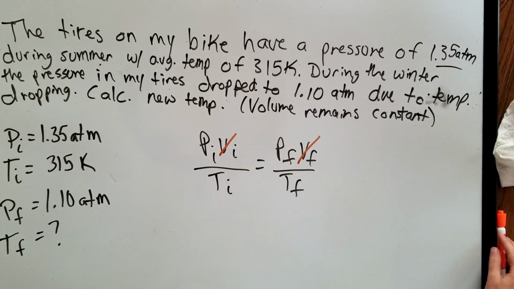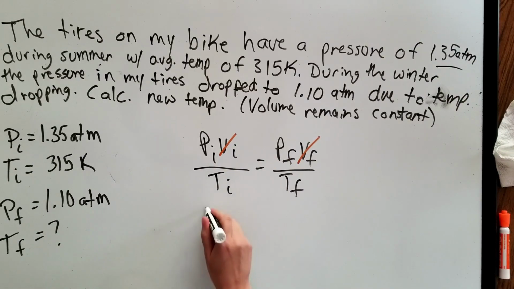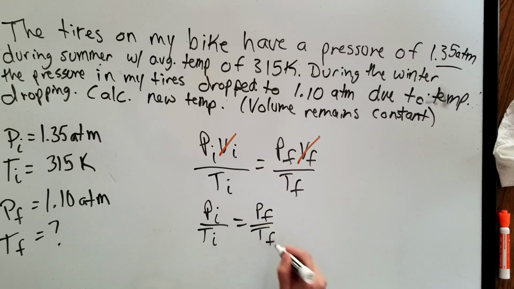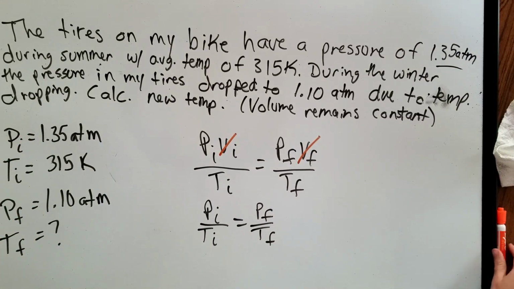So by taking out that volume, my new equation becomes PI over TI is equal to PF over TF. Now I can use the information I have and plug in. Before I do that, let's rearrange this equation further, because TF is what I'm looking to solve for.